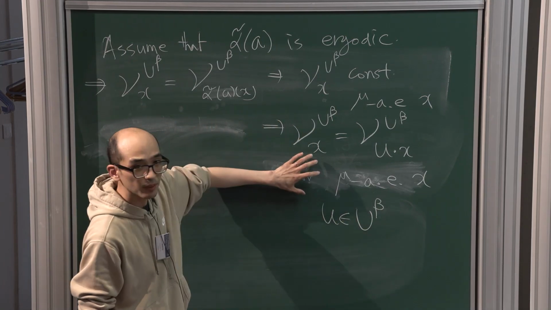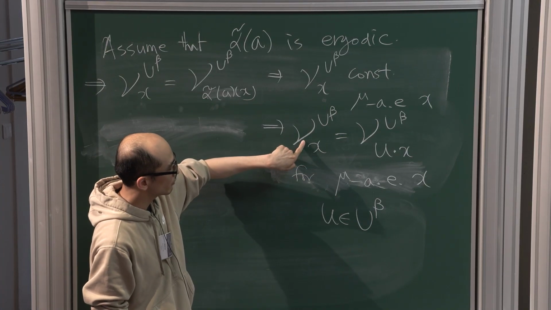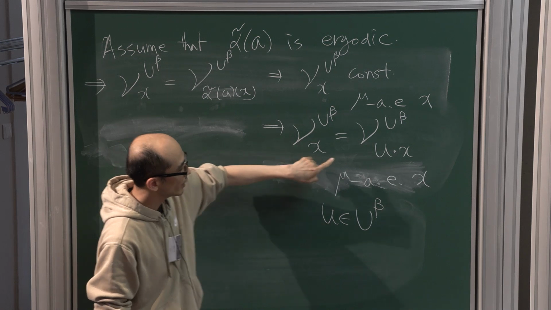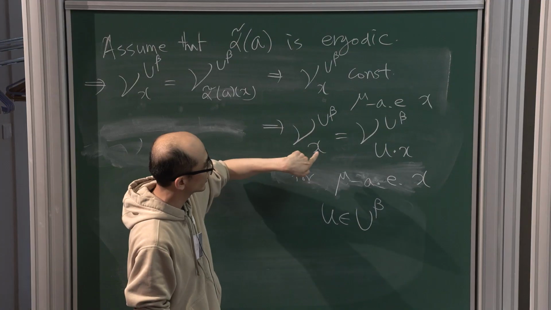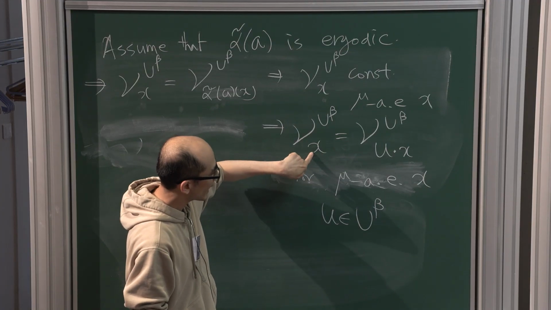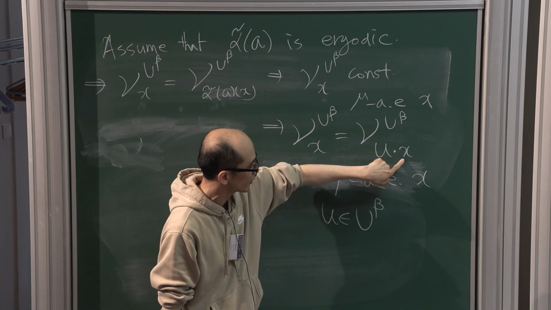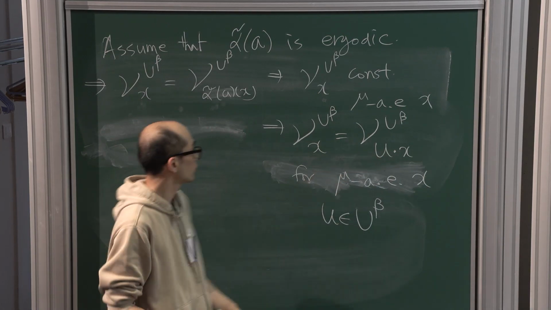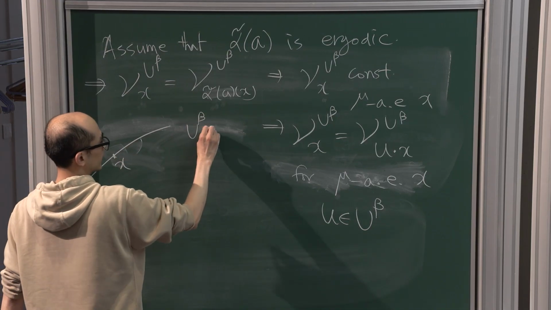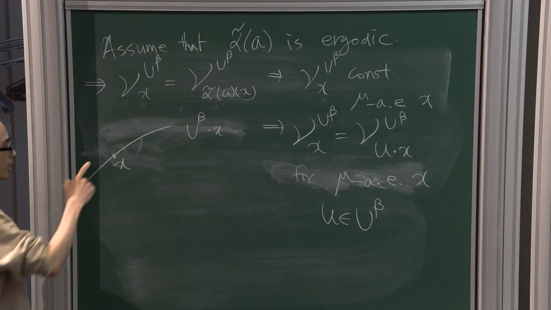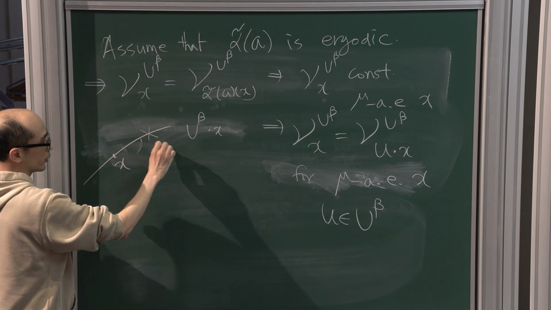So here I lied a little bit, because the leafwise measure is only defined almost every point. So maybe here your measure is not defined. So here I really assume that if you have a generic point x, and if your u dot x is also generic, then you have the same thing. So what I have here is x and u beta dot x. And if your measure is not supported only on the point, and maybe this is in the support.